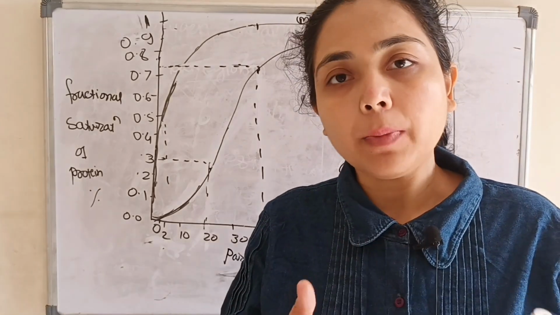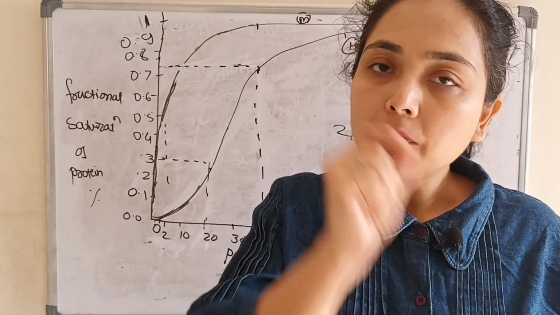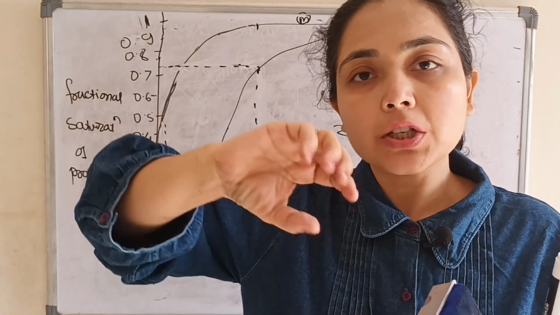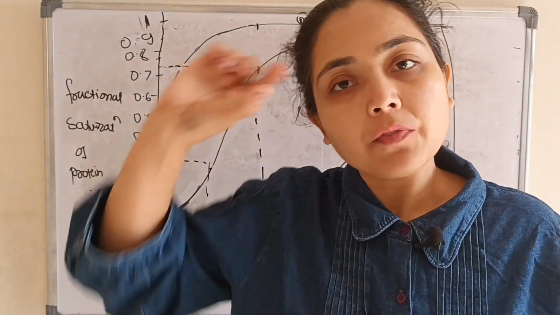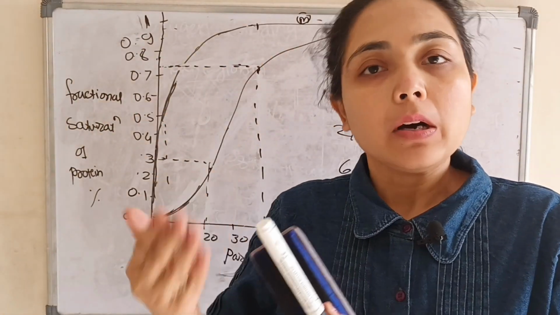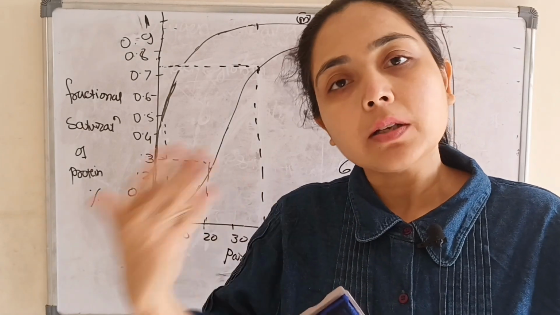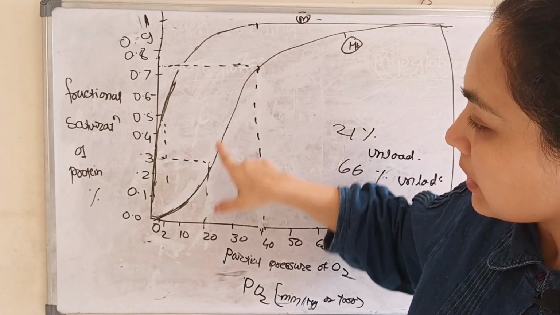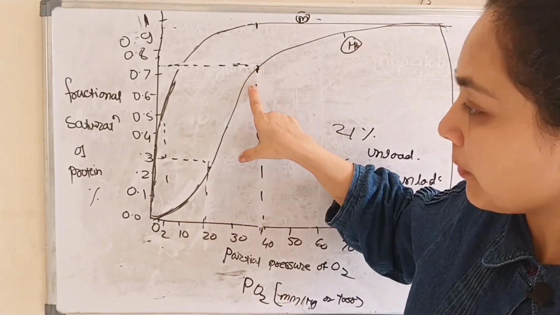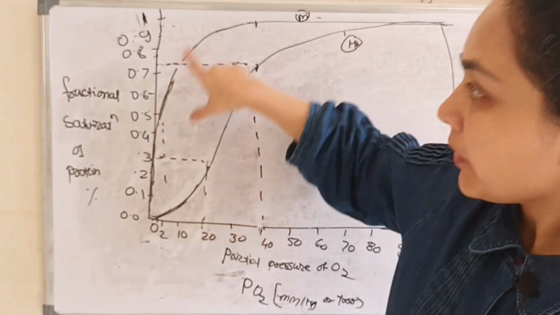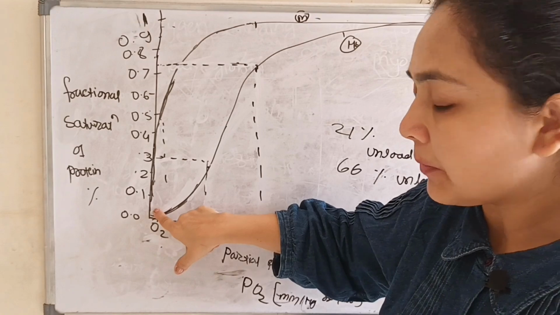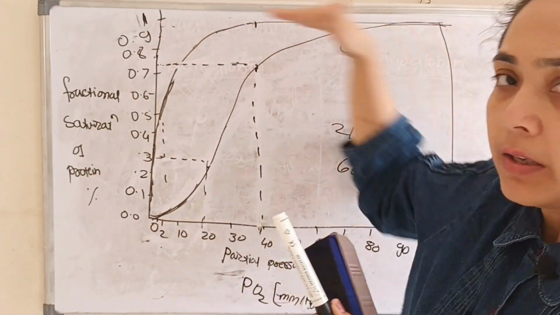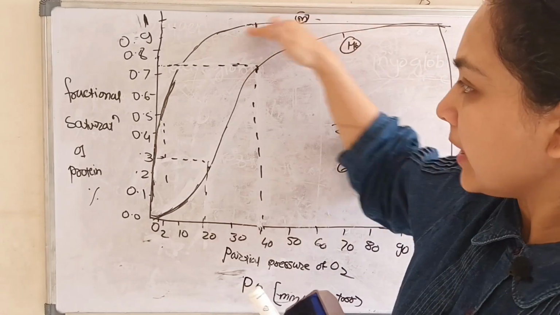Cooperative binding means binding at one molecule will increase the affinity, and the reverse is the case in dissociation: if there is unloading from one subunit, unloading from the other subunits will also take place rapidly, therefore we see this sharp fall for hemoglobin. Myoglobin gets the hyperbolic curve because at a very low partial pressure there is a sharp increase until it levels off, and then it remains at the same value.